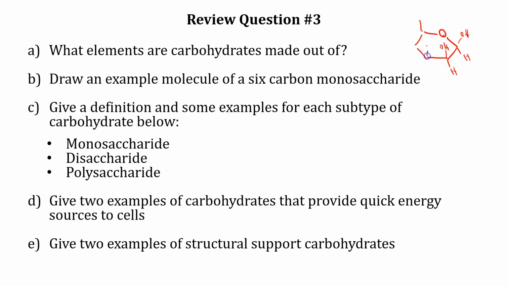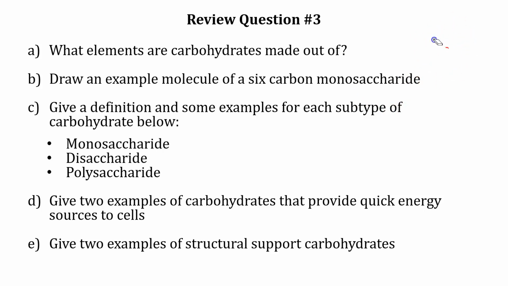I'm not going to ask you to memorize the particular structures so that you could draw exactly a certain sugar. That's something you do in a biochemistry class. But I would want you to be able to spot a sugar.